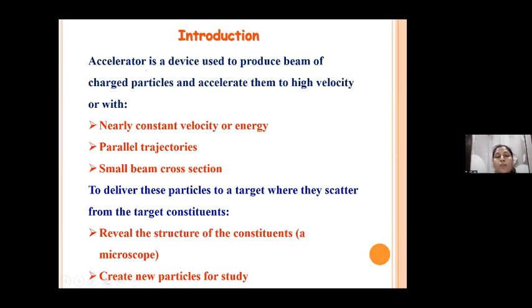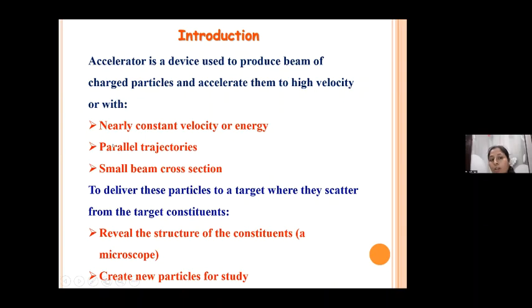First of all, we can understand that an accelerator is a device which is used to produce a beam of charged particles, for example, electrons or protons here. We can accelerate these particles to very high velocity in the range of multi MeVs or GeVs, provided the particle has a nearly constant velocity or energy.